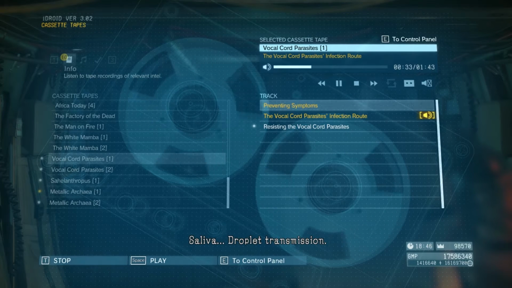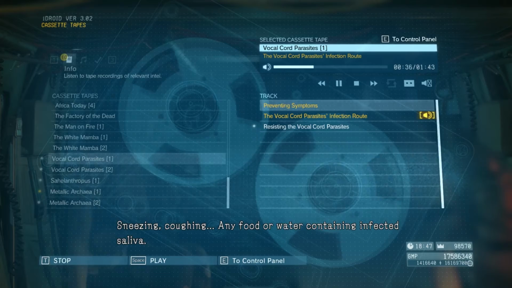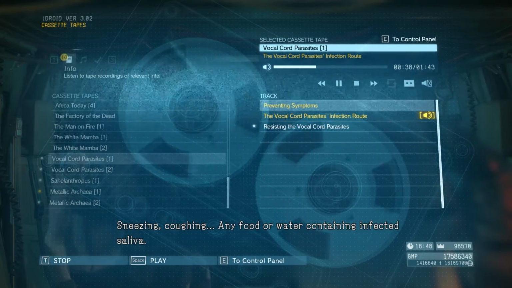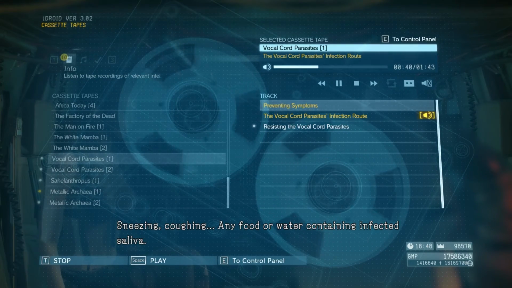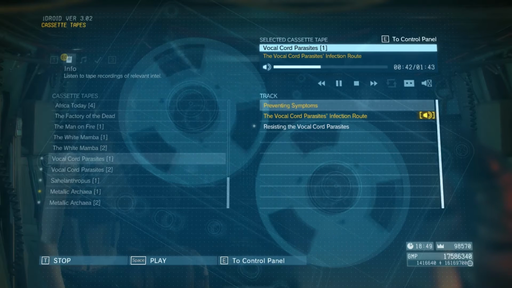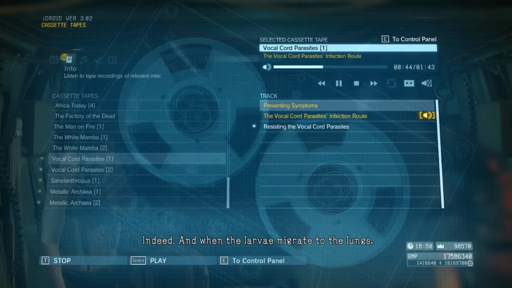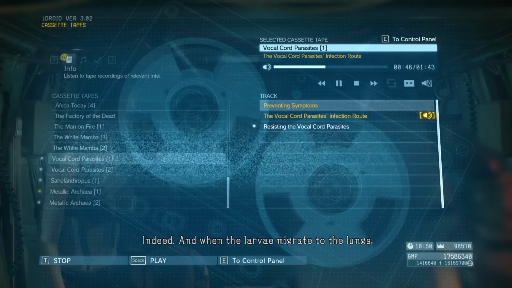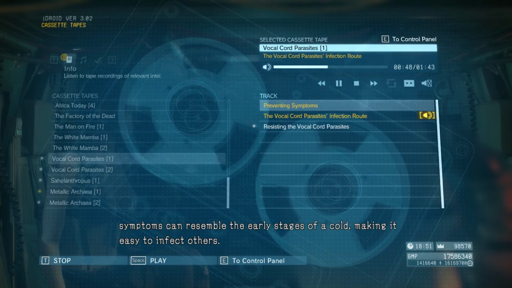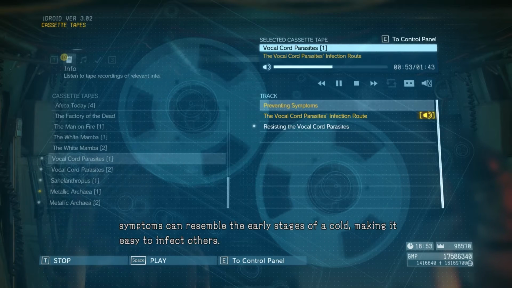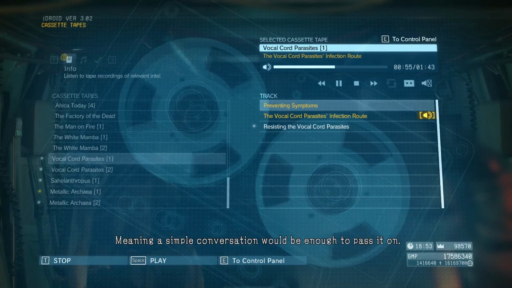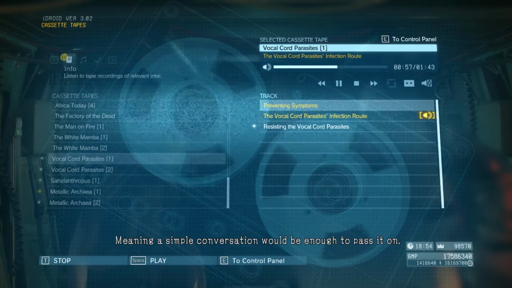Saliva. Droplet transmission. Sneezing, coughing. Any food or water containing infected saliva. It would spread fast. Indeed. And when the larvae migrate to the lungs, symptoms can resemble the early stages of a cold, making it easy to infect others. Meaning a simple conversation would be enough to pass it on.